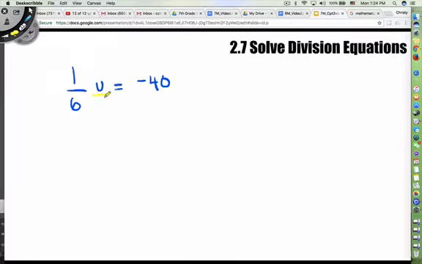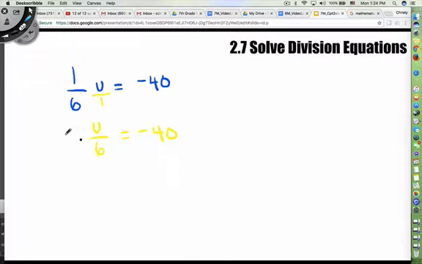That u is really u over 1, right? Unless it has a 1 over it, it's a whole number and it's over 1. So 1 times u is really u over 6 times 1, which is really 6. So it really is u over 6. It's just a less familiar format. So don't forget that that's still available.